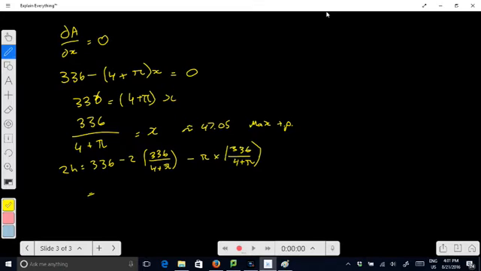Work that out, and we get h is roughly 47.05.